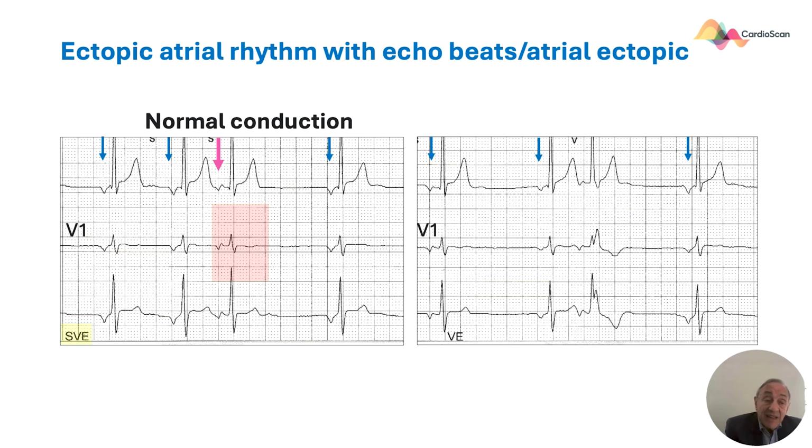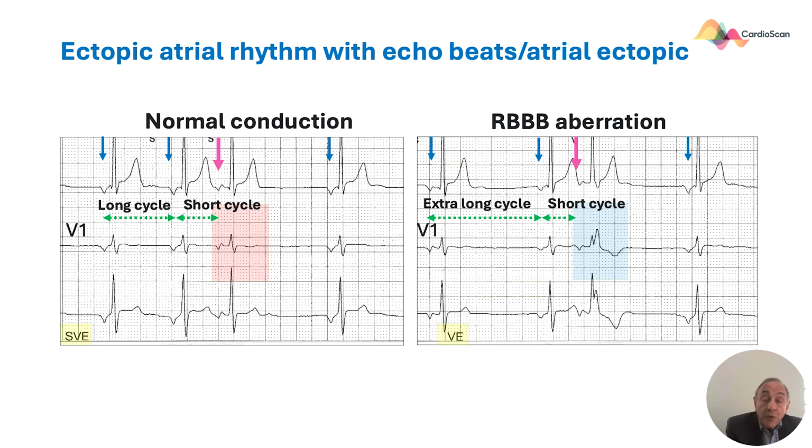Whereas later on in the tracing, one can see now the classical aberrant ventricular conduction, again probably with an echo beat, and now is called a ventricular ectopic. The difference between the two tracings is the long cycle, short cycle to the left, whereas we have an extra long cycle with a short cycle, once again encouraging aberrant ventricular conduction.